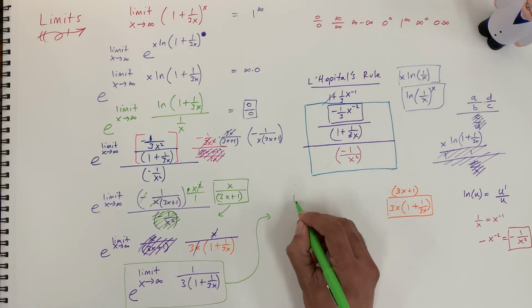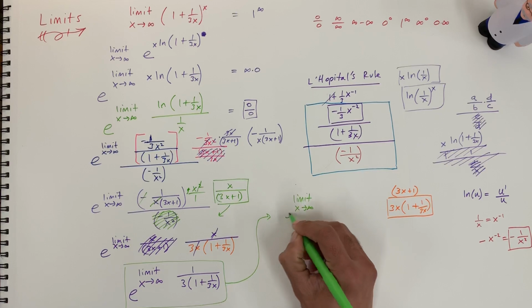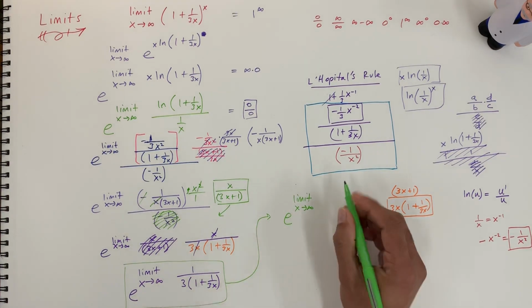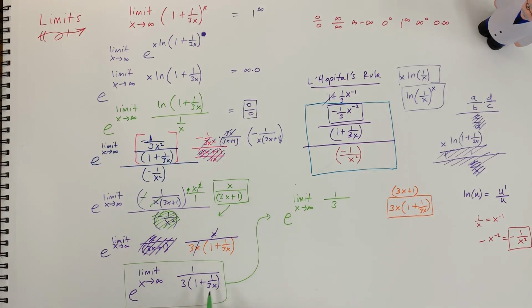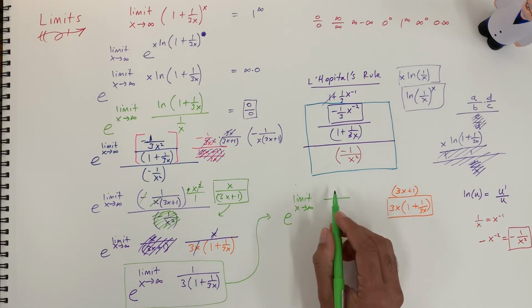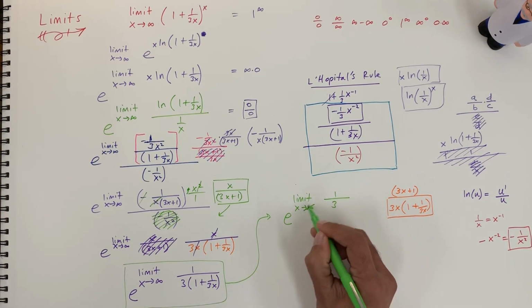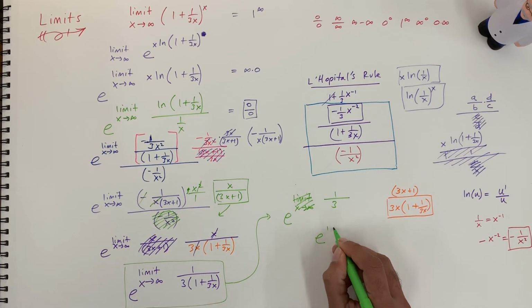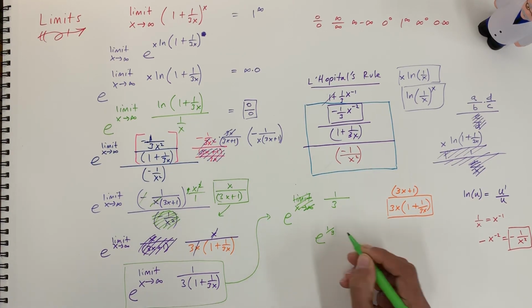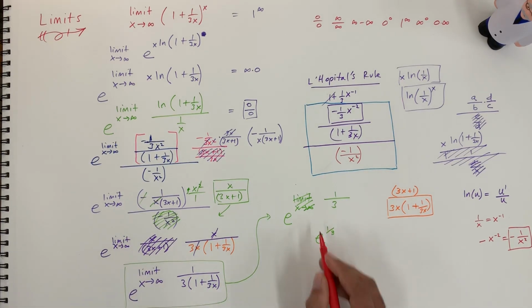Okay, so we have the limit as x approaches infinity. We still have the e, remember, and we got 1 over 3, because this 1 over infinity turns into a 0. We're left with the 1, and now we don't have to write the limit since we evaluated it. All right, and we're left with e to the 1 over 3 as our final answer.